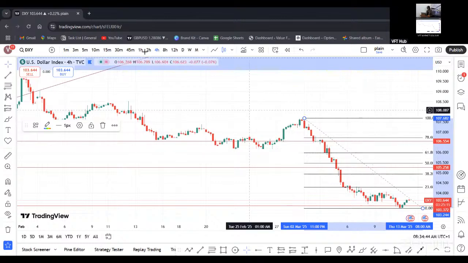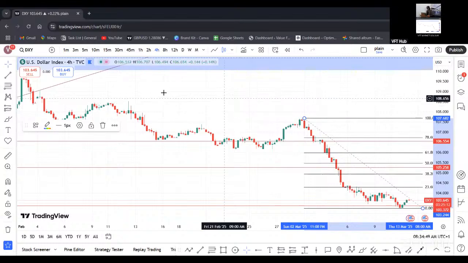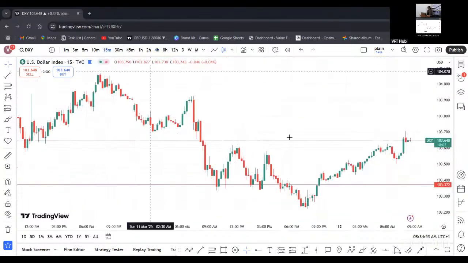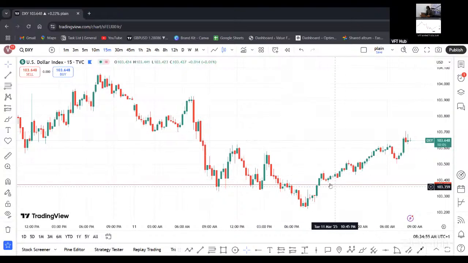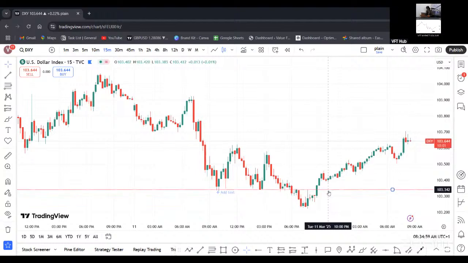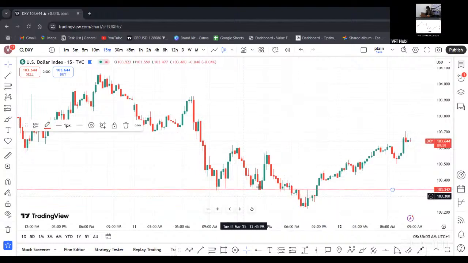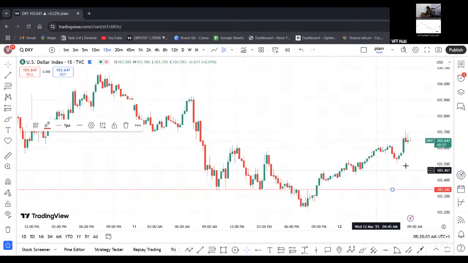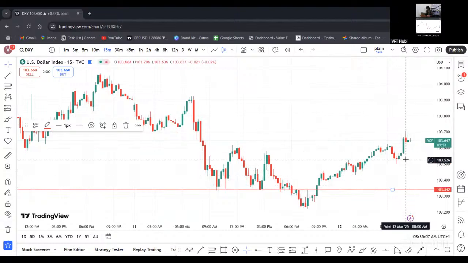105.373. On the 15 minutes time frame, since we're looking for a buy to sell on the DXY, I can actually spot an entry for the buy right here. So there's the shoulder here, sweep, break. We want to see price retracing and returning into 103.342.